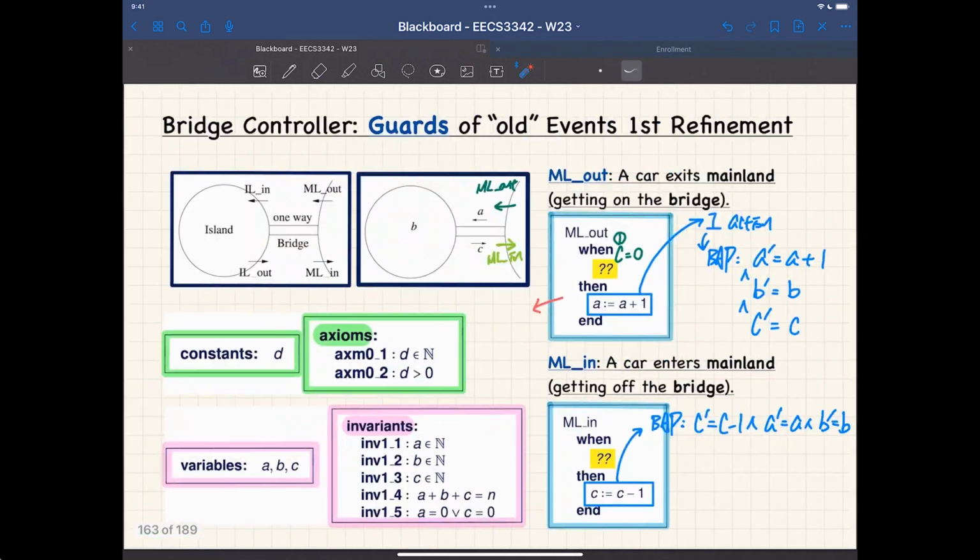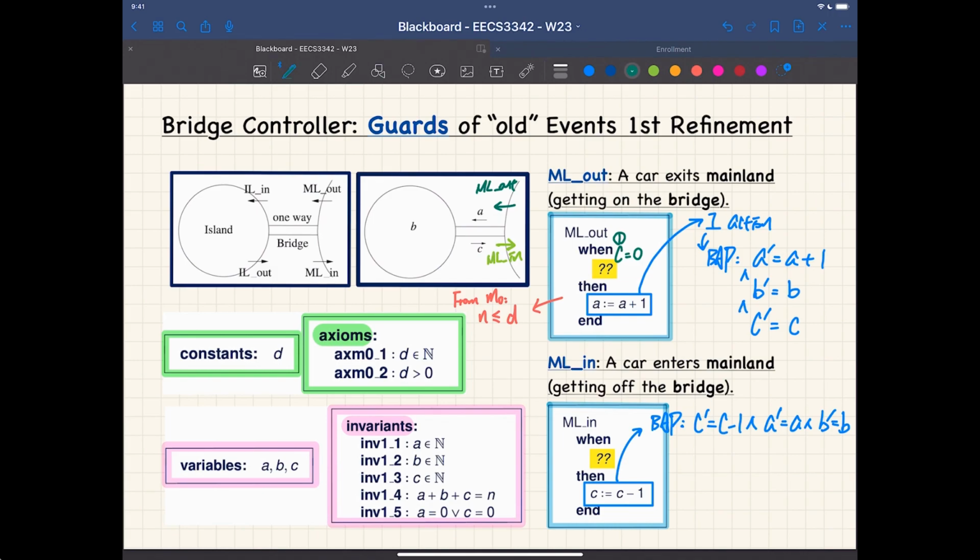Okay, let's now write down what we know. From M0, we have N less than or equal to D. Okay?